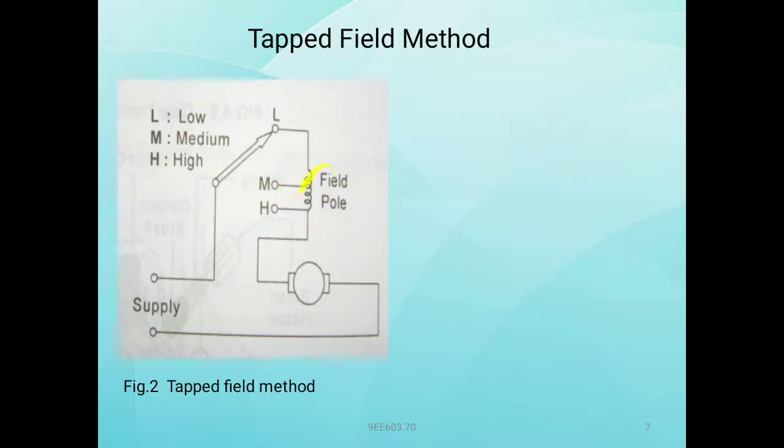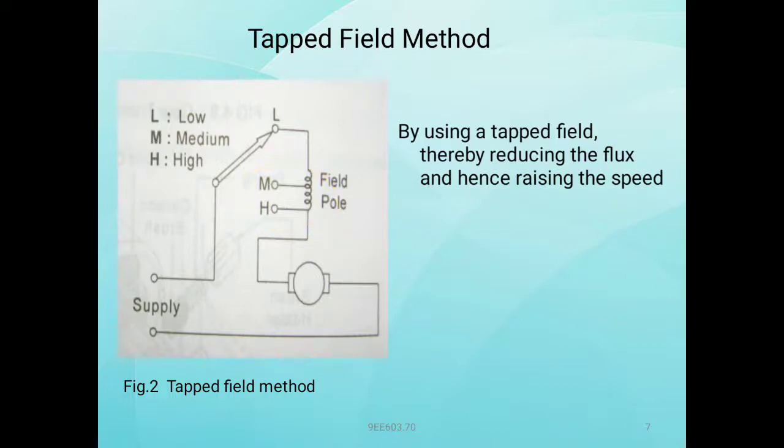This is the field pole, the AC supply, the field pole, and this is the tapping changer, which is used for tapping changes. Here L is for low, M is for medium and H is for high. By varying these tapped fields, we can control the speed of the motor.